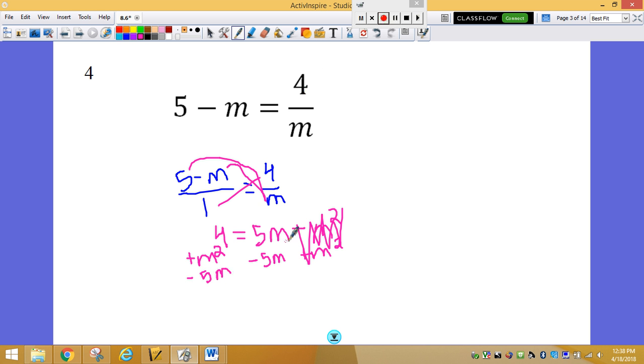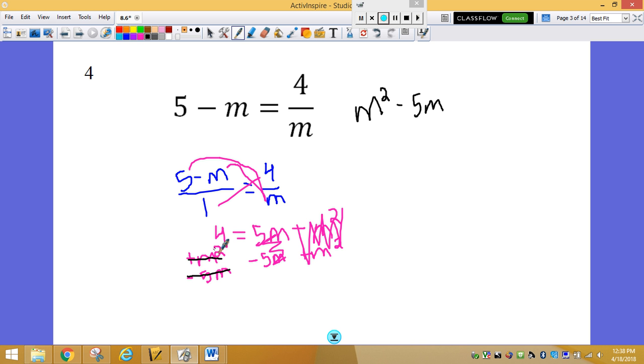Okay, so I've moved everything to the left. I'm going to rewrite it now. The important thing to remember when you're rewriting it, put the squared first, and then the letter, and then the whole number at the end. So I'm going to start with my m squared. It was a positive. Then I have a minus 5m, because when I moved it, it became minus 5m.